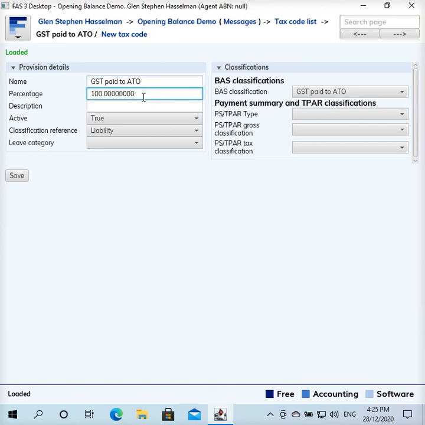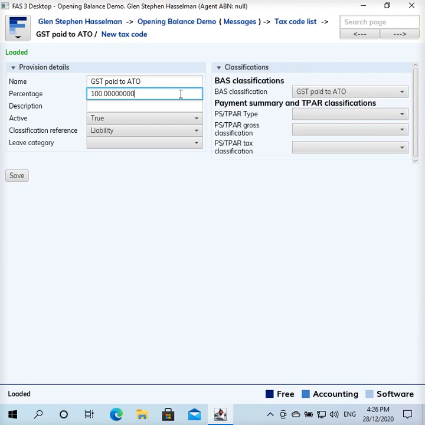Percentage is 100%, and that is because when you're paying GST or receiving GST from the ATO, that is all GST. There is no other component to it. It's set up as a liability, and the BAS classification is GST paid to ATO.